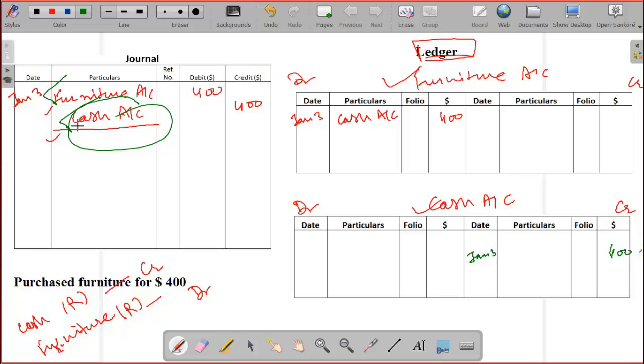The opposite account to cash is furniture, so I will write furniture account in the particulars column. So understood, I think.